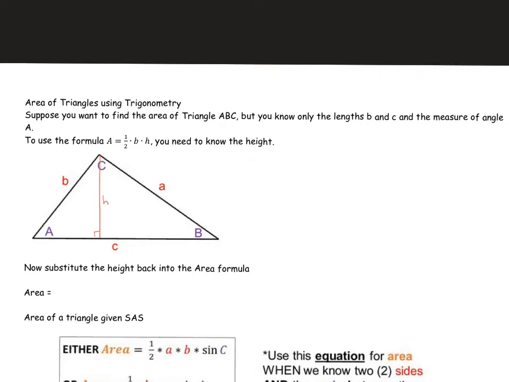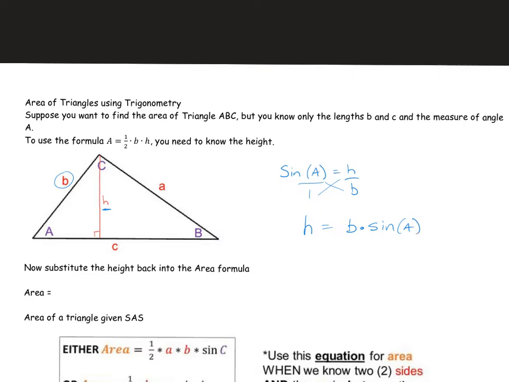We said I need h and I know b, so the sine of A is equal to h over b. Solving for h, we cross multiply and get that h is equal to b times the sine of angle A.